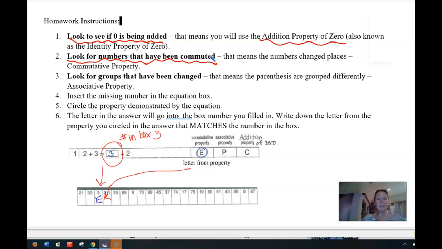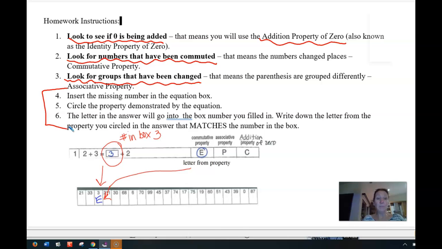Commutative is moving the numbers around. So that means the numbers change places. And then the third thing I look for is to see if groups have been changed. So there has to be parentheses, and you're looking inside the parentheses to see if different numbers have been grouped. That's what I do.